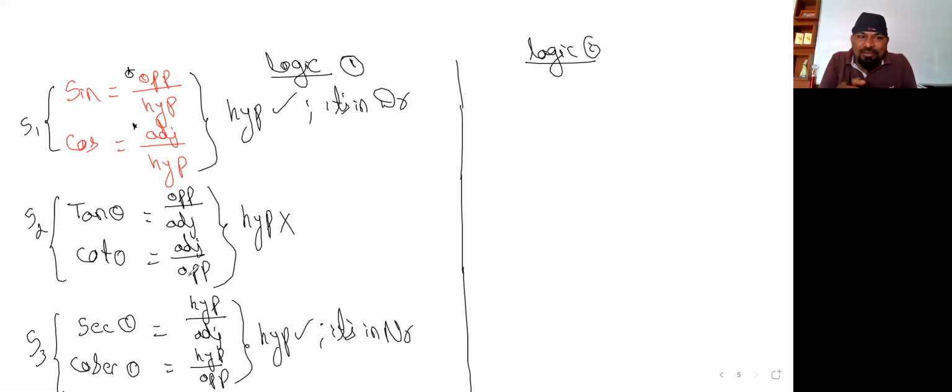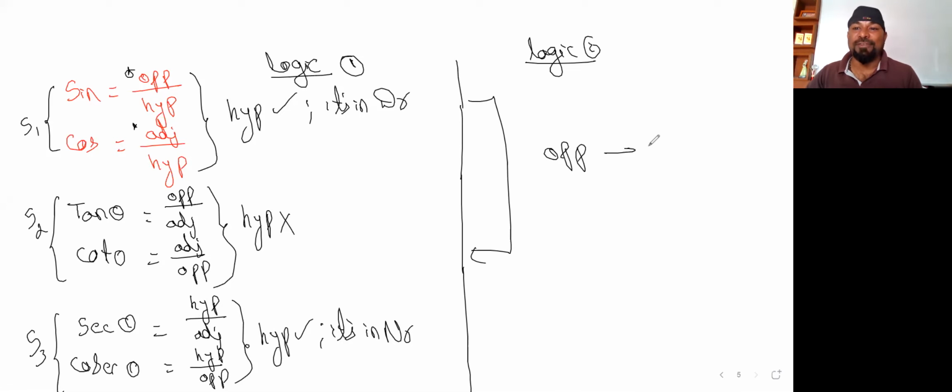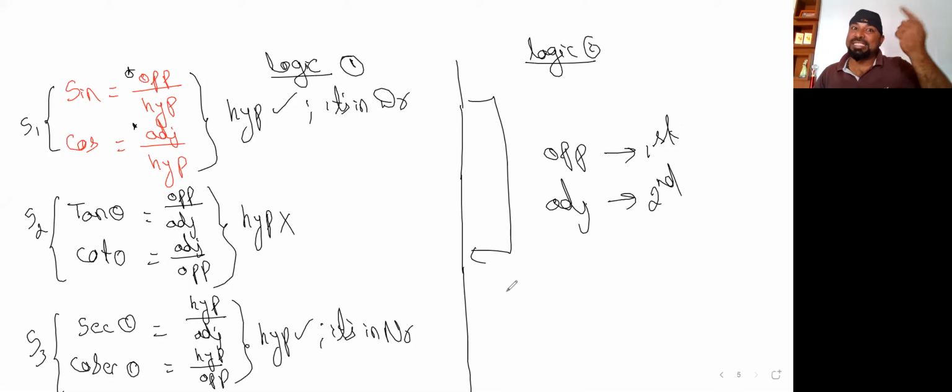But this logic does not work in secant. Why? Because if you go for secant, hypotenuse will be there, but it is in the numerator. So hypotenuse by adjacent. Then the second logic does not work. It works only in set 1 and set 2. Opposite will be first and adjacent will be second, that works in set 1 and set 2 only.